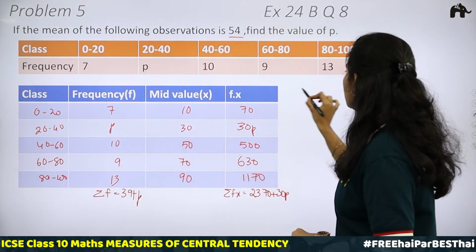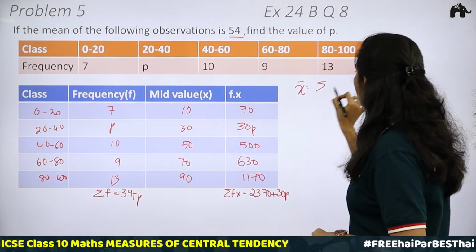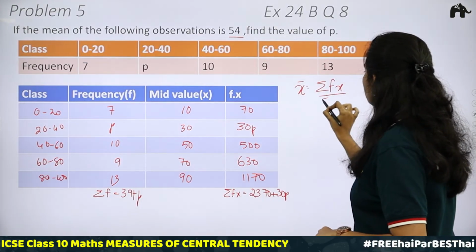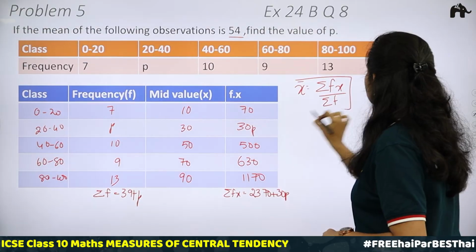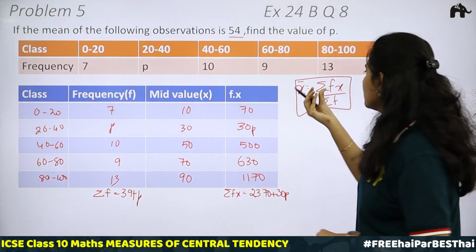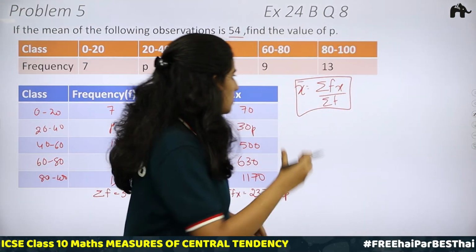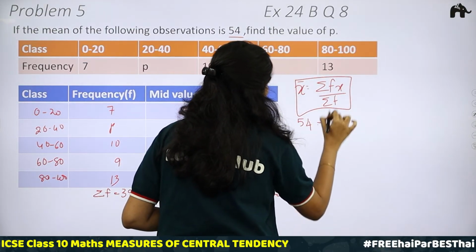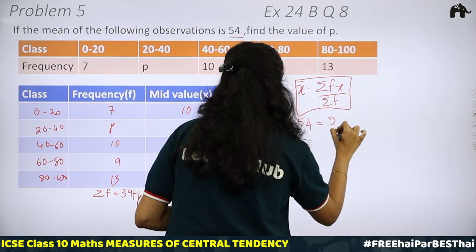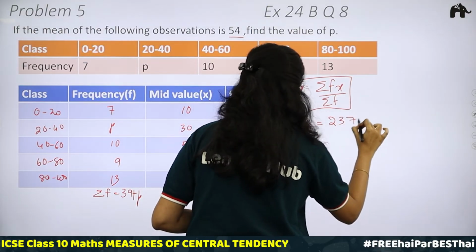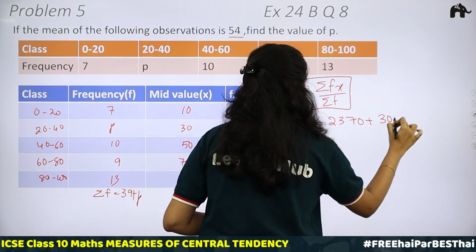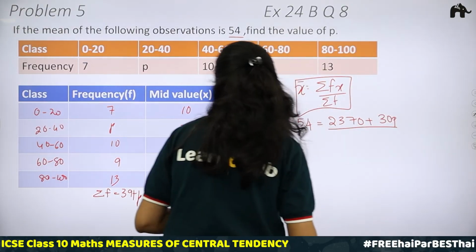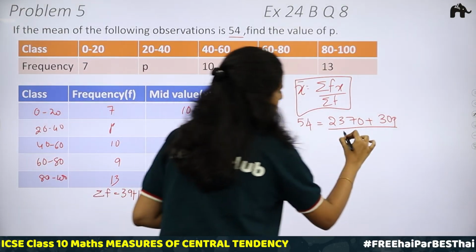We have mean is equal to sigma fx divided by sigma f. This is the formula. We already know what mean is. Here mean is given 54. So 54 is equal to sigma fx, 2370 plus 30p, divided by here 39 plus p.